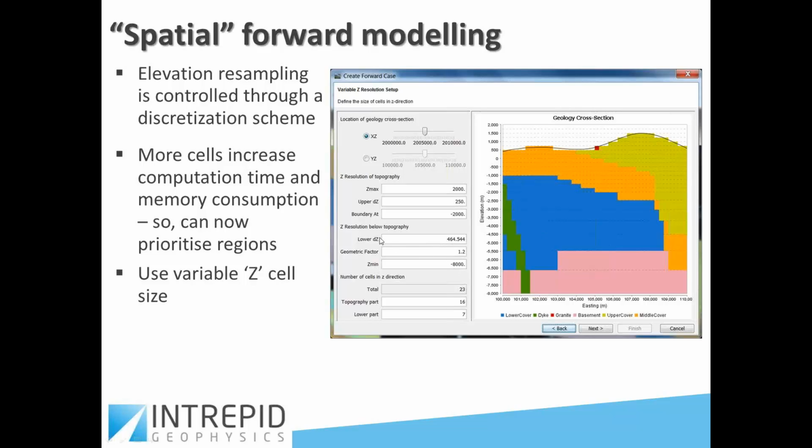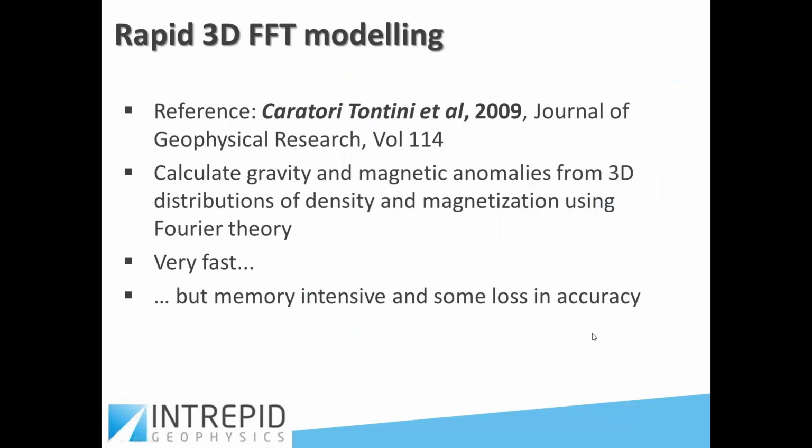You can see that we select a lower band, and at this point from here, from minus 2,000 meters below sea level and down, we're applying a geometric factor, which means that the cells are getting wider with depth because we're less concerned about dealing with the sources there in a large amount of detail. So that's a very useful aspect of the wizard.